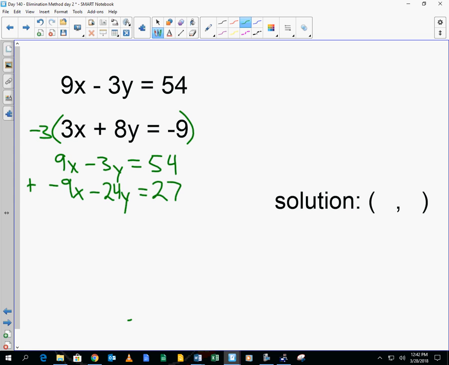Excellent. I'm going to add these together. As I add them together, which ones cancel? The 9x's go away. The negative 3y and the negative 24y make negative 27y. 54 and 27.